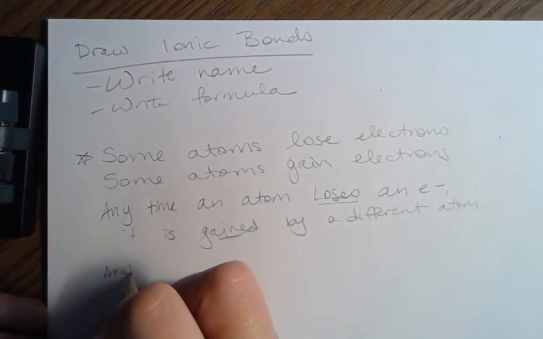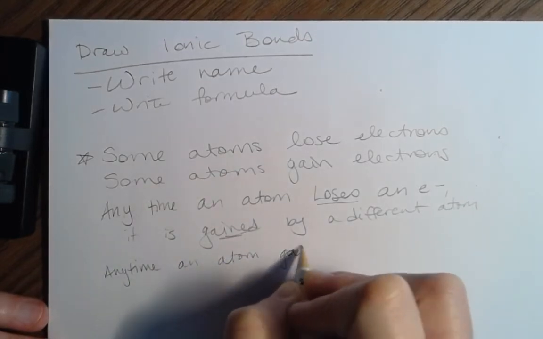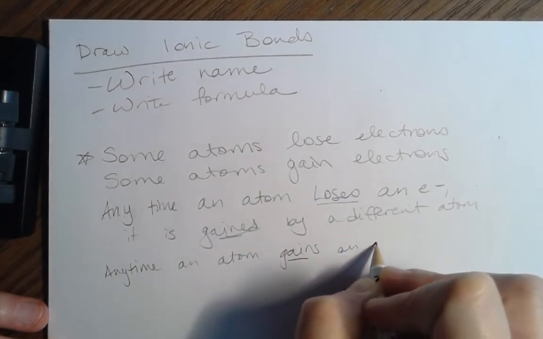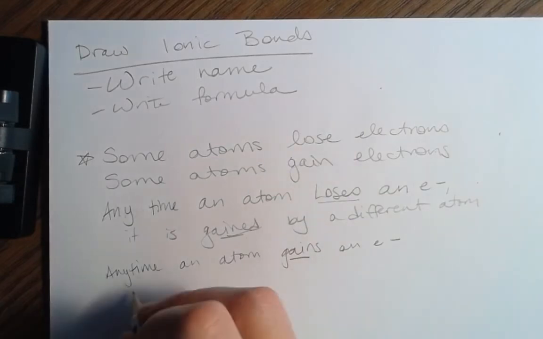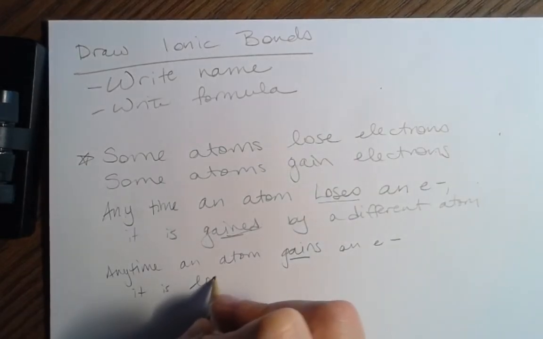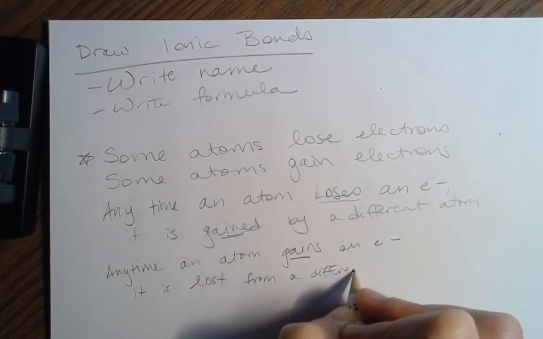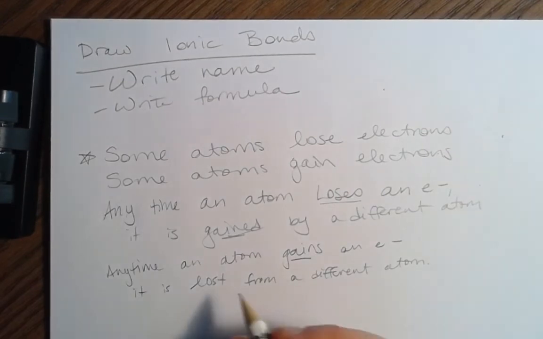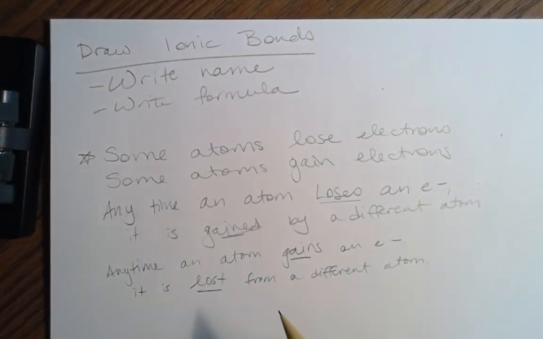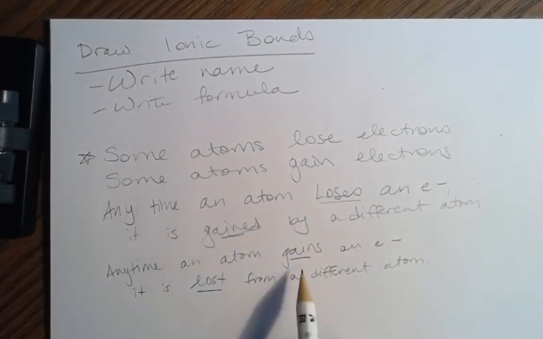Anytime an atom gains an electron and becomes an ion, it is lost from another atom. This makes sense. For something to be lost, it needs to be gained. For something to be gained, it needs to be lost.